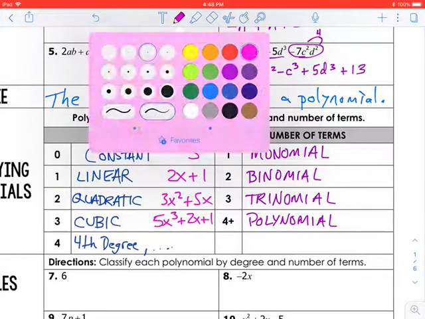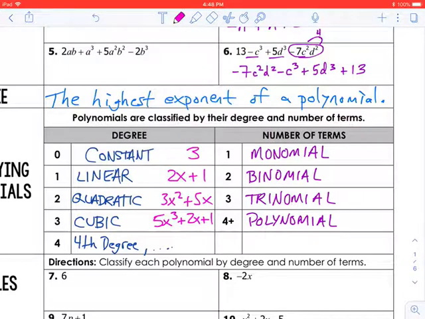Okay, so examples of those would be a monomial, could be something like 5x squared. It's just one term. Binomial would be like 3x plus 1 because you've got 1, 2. Trinomial would be something like 4x cubed plus 3x minus 5 because you've got 1, 2, 3.